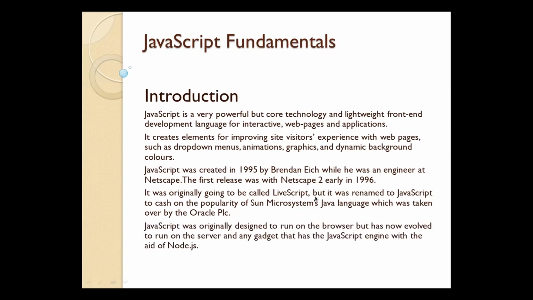JavaScript was originally designed to run on the browser, but has now evolved to run on the server and any gadget that has a JavaScript engine, with the aid of Node.js.